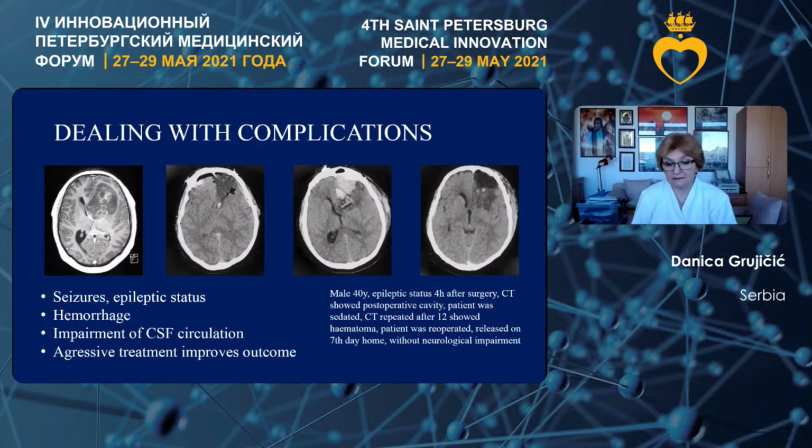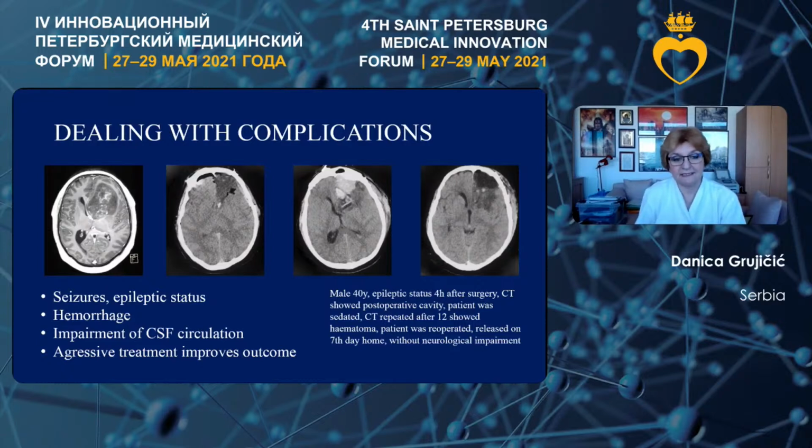That's one of our patients, male, aged 40. He had seizures and epileptic status 4 hours after the surgery. That's the first CT, which showed the post-surgery modifications, nothing else. But 12 hours later, we found a hemorrhage on that spot.